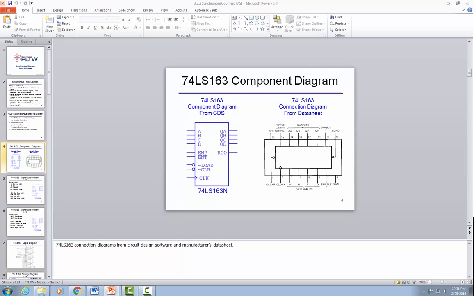So looking at the 163, the image on the left is what it's going to look like in Multisim. The one on the right is the layout on the actual chip. So if we look in our chip bin, do we have any 163?